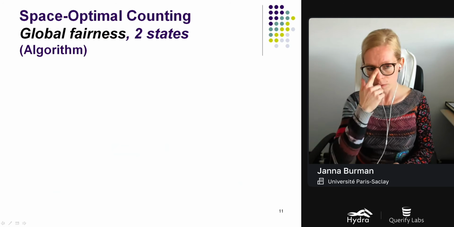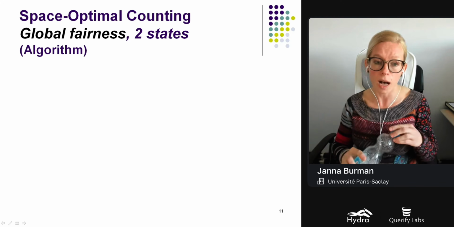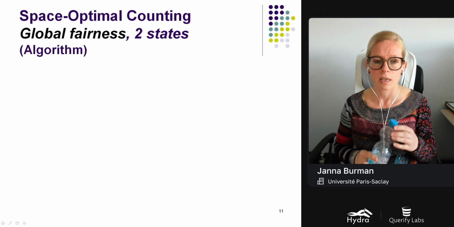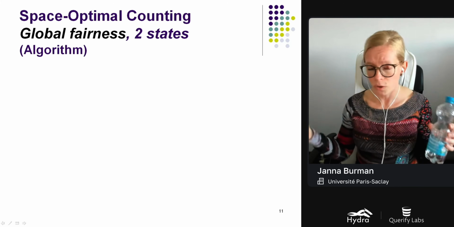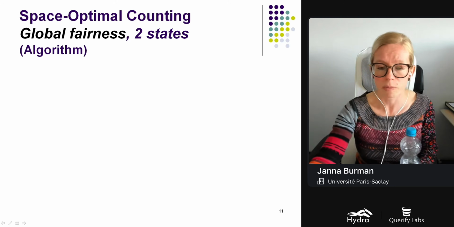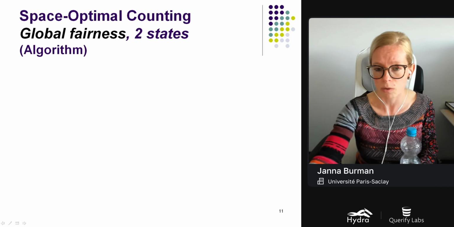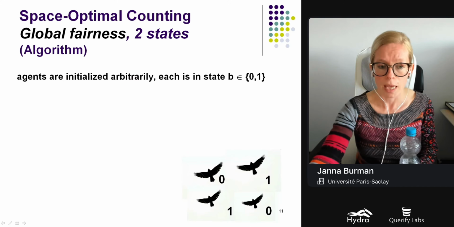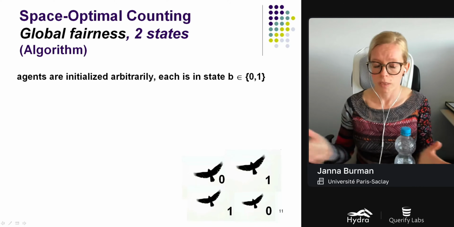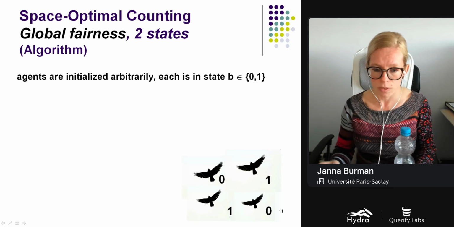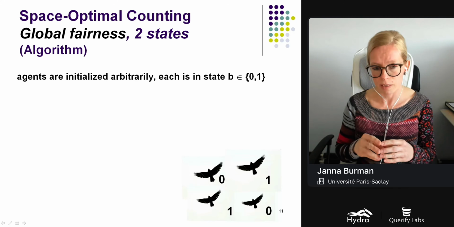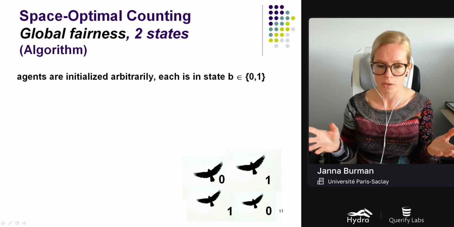Now, how can we count these small agents, which are anonymous, having no identifiers and having only one bit of memory, only two states, either 0 or 1, and which start in an arbitrary state, either 0 or 1? This is important here, that they start arbitrarily.